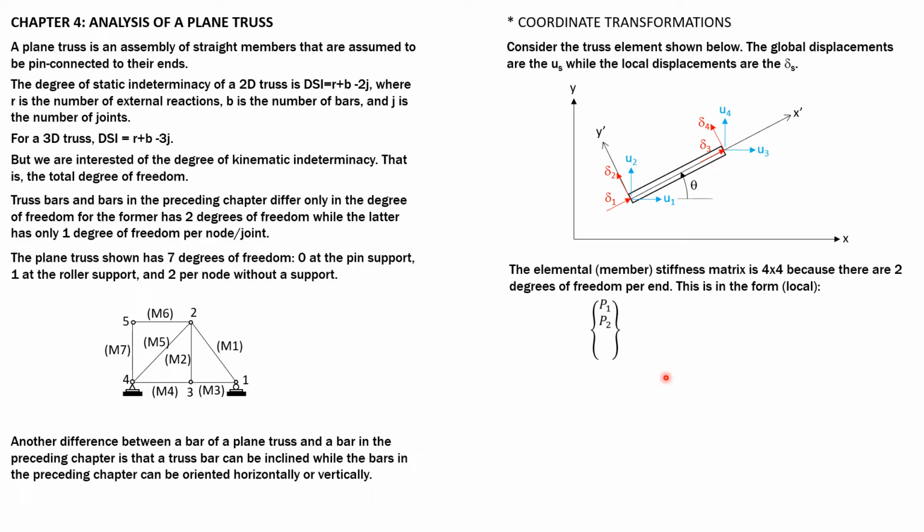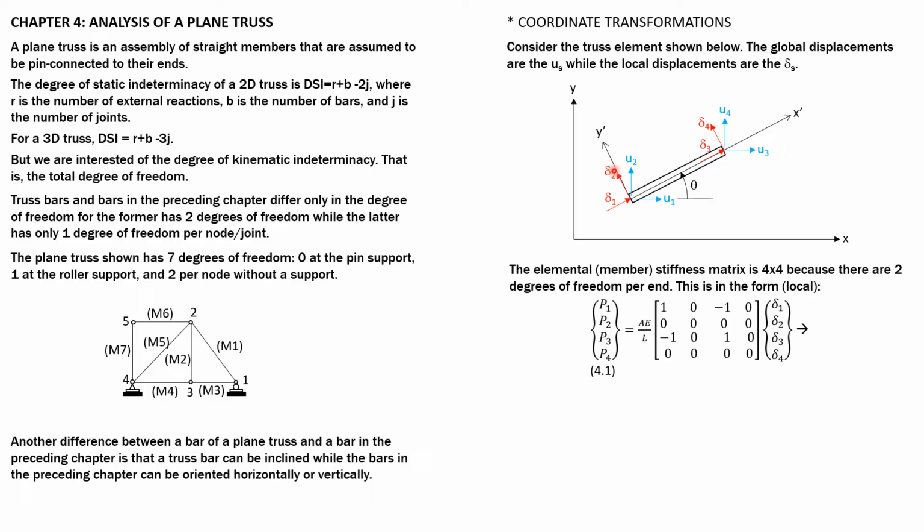Now P1, P2, P3, P4 equals the matrix with rows 1, 0, negative 1, 0; 0, 0, 0, 0; negative 1, 0, 1, 0; 0, 0, 0, 0, times delta 1, delta 2, delta 3, delta 4. Take note that the 1, negative 1, negative 1, 1 are the elemental stiffness matrix for a bar, in which in this case delta 1 and delta 3 coincide with the axis of the bar.